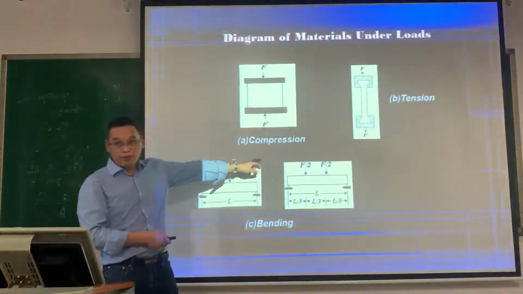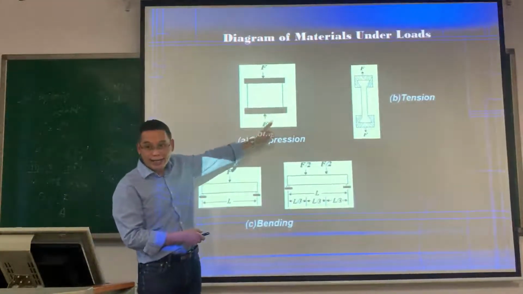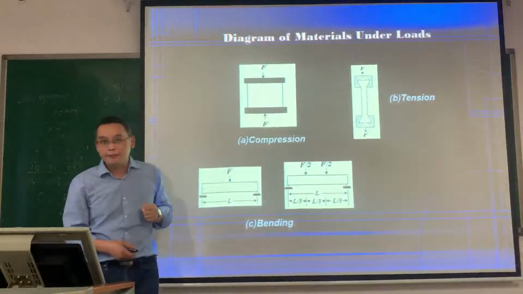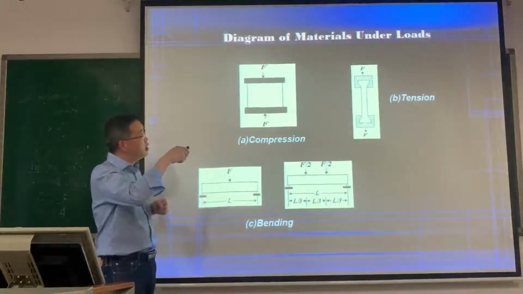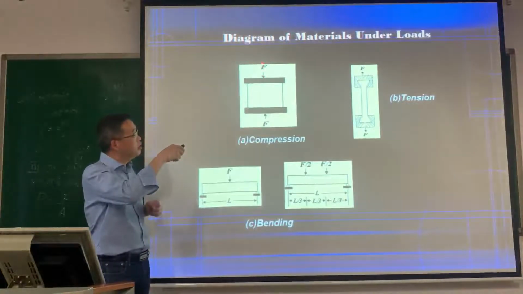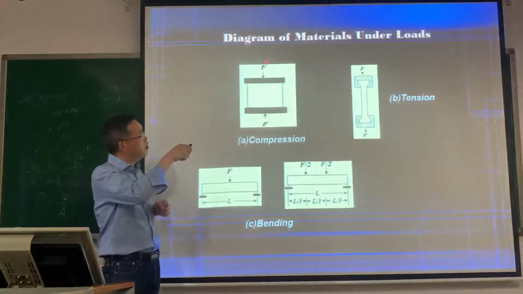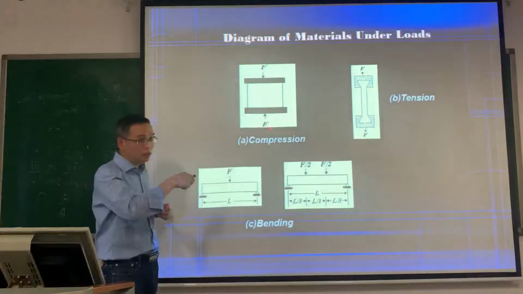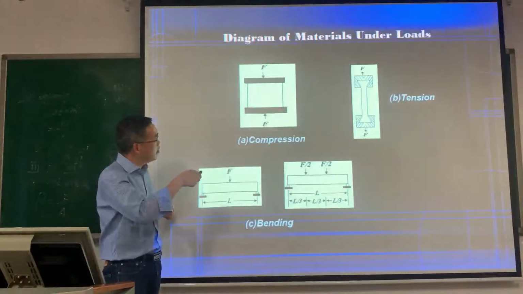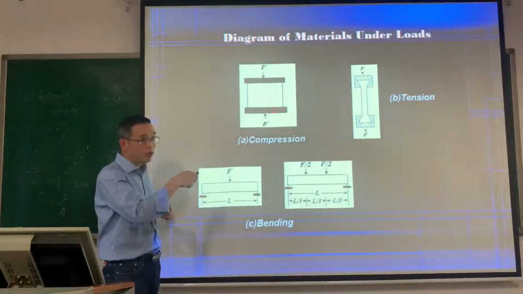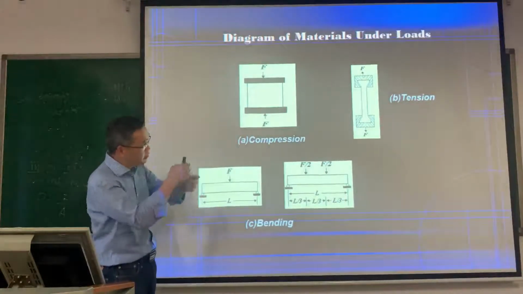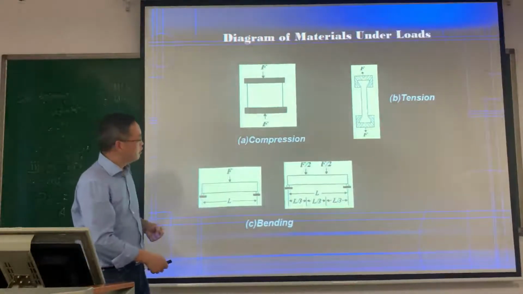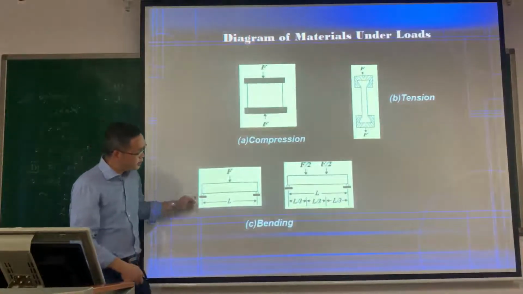Under compression, we can get its compressive strength. We need to know how much the load is and what the area is. And then for tension, we get tensile strength. And this is bending.